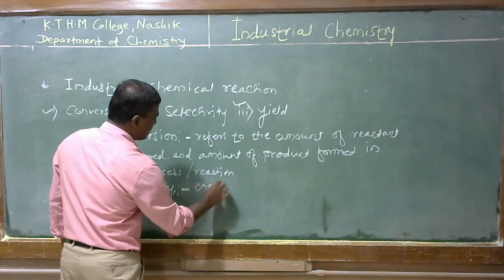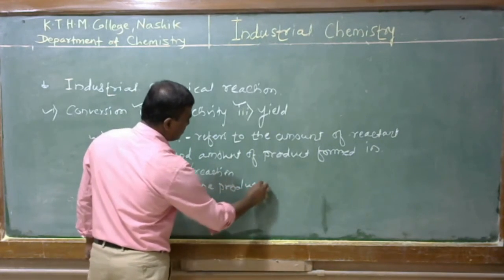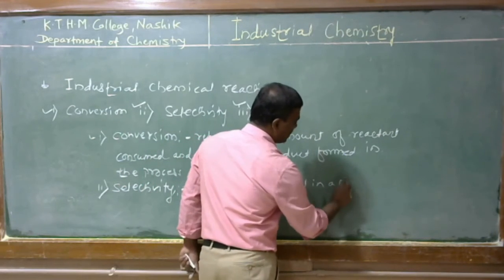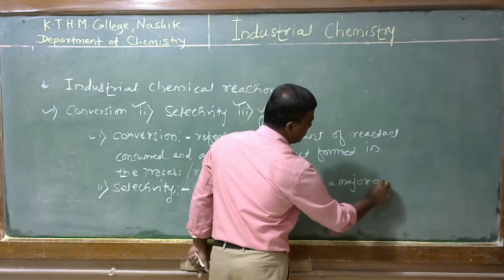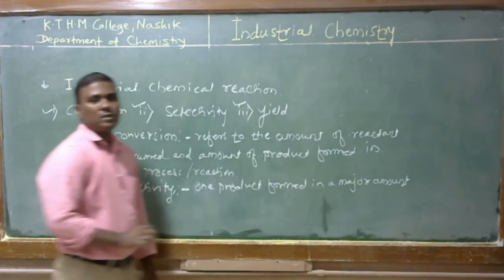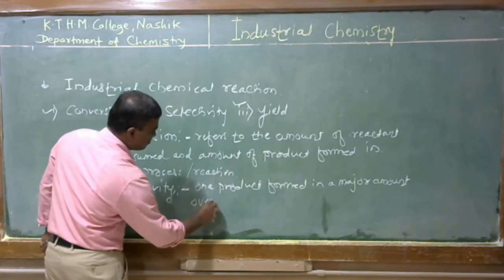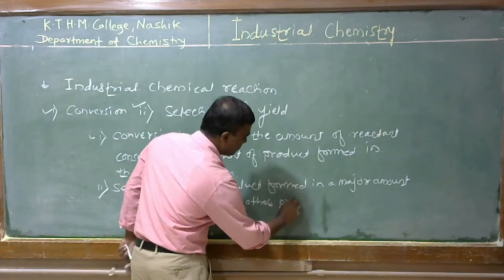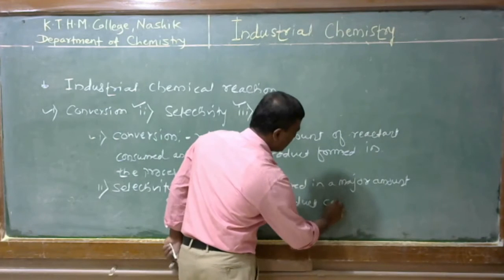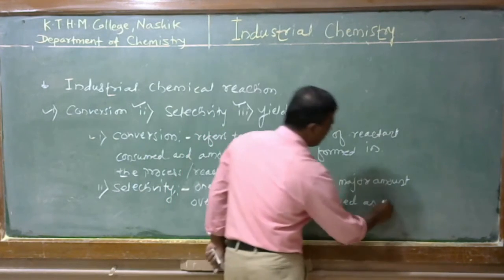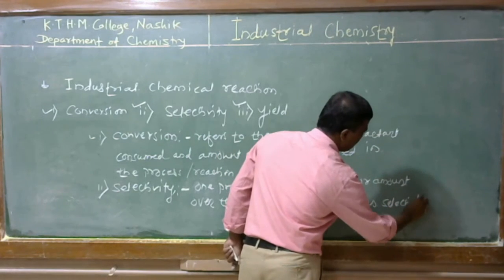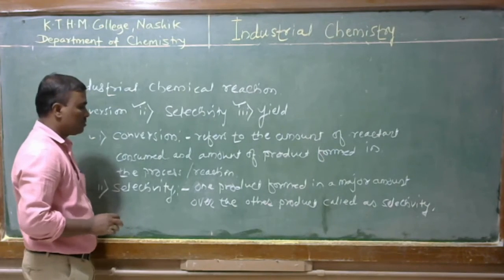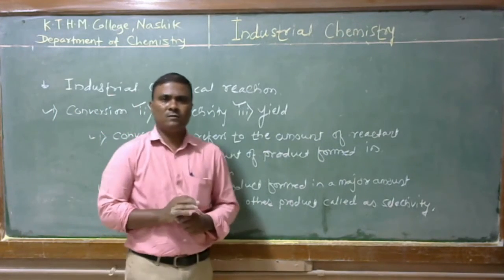One product formed in a major amount over the other product is called selectivity, in a very simple way.